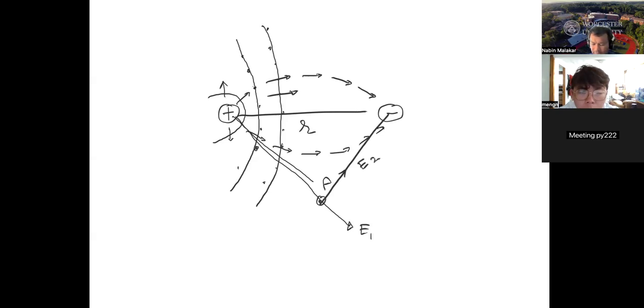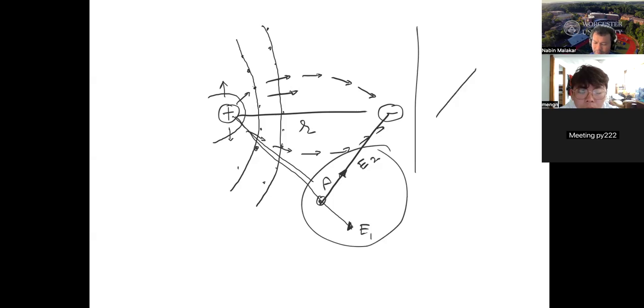You saw the arrows are pointed away from the positive charge and towards the negative charge, right? So I'm going to draw that in here. You have two vectors, E2 and E1. And that's where the electric fields are acting, right? These are the two electric fields because of charges Q1, for example, or Q2, right?